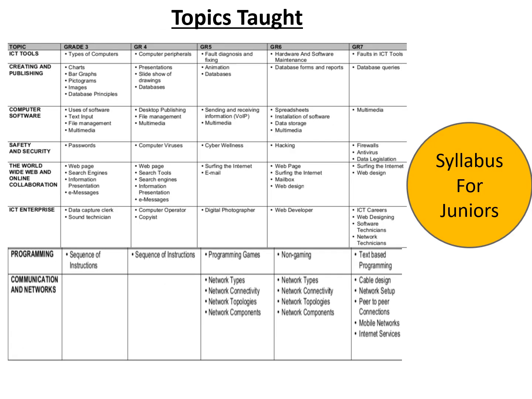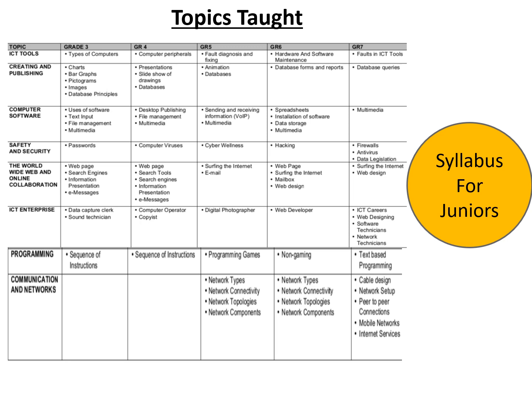Now, this is the syllabus for the juniors, and the topics are almost the same as those for infants, except that there are a few new topics. For example, the World Wide Web and online collaboration.